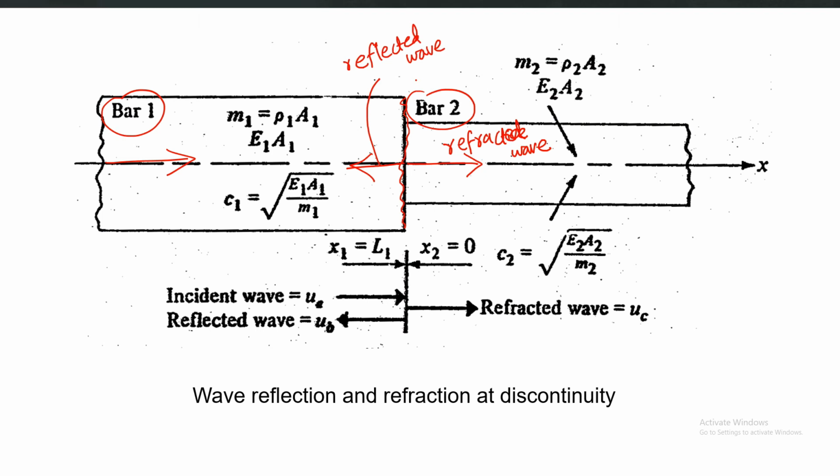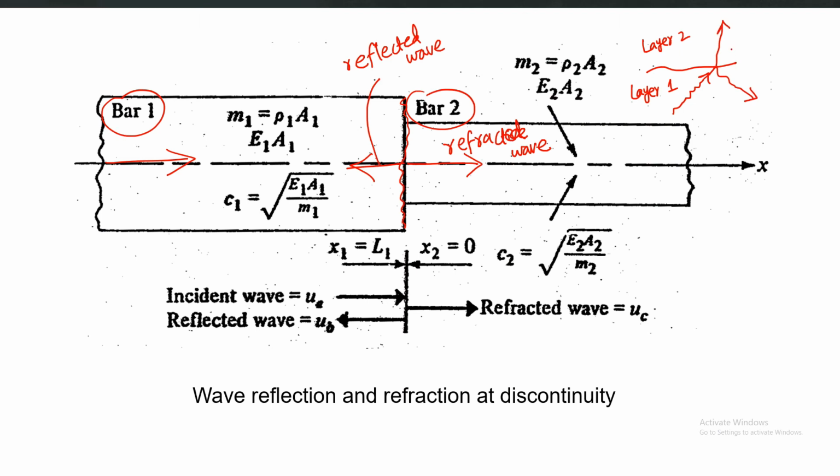There may be a case when you have, let's say, one layer of a material, layer 1, and maybe layer 2, and a wave is traveling in this direction. Whenever it passes through the interface of layer 1 and layer 2, some part of it will reflect back, and some will refract.